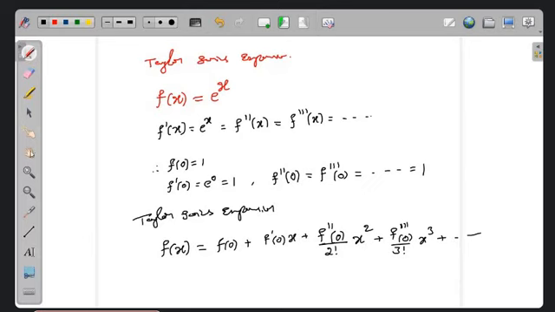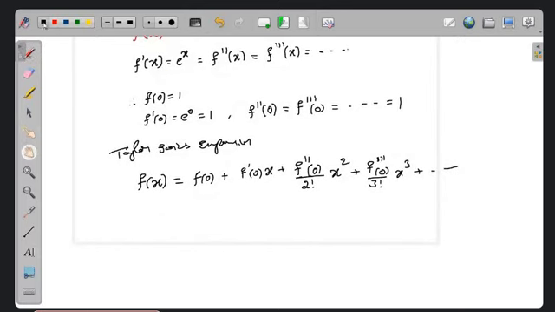So if I substitute the values here, the first one, that is 1, plus next is also 1, therefore it is x, and next it is 1, so x square by 2 factorial plus next will be x cube by 3 factorial, and of course next one also you can write x power 4 by 4 factorial plus and so on.